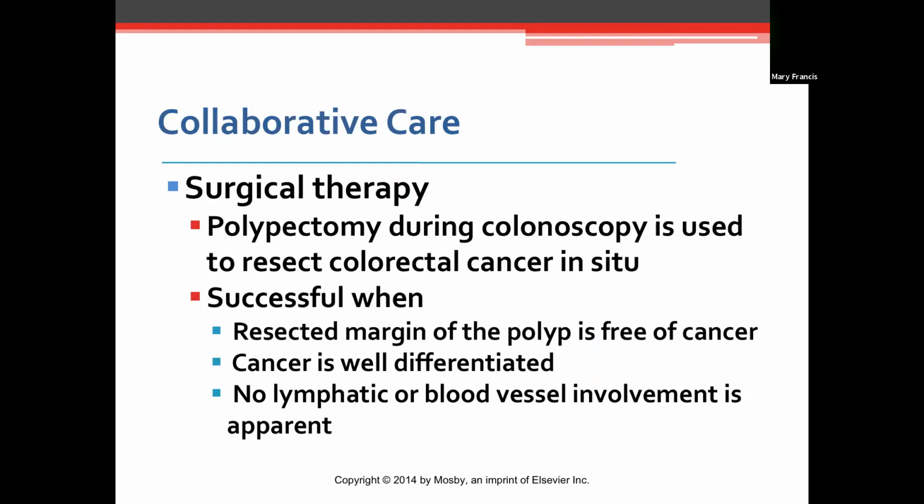That means the ones that are located right there. Some polyps can be removed by colonoscopy and it is considered successful when the resected margin of the polyp is free of cancer, the cancer is well differentiated, and there is no apparent lymphatic or blood vessel involvement.